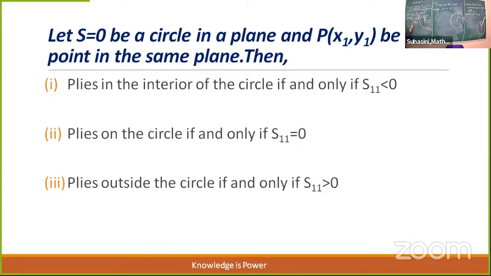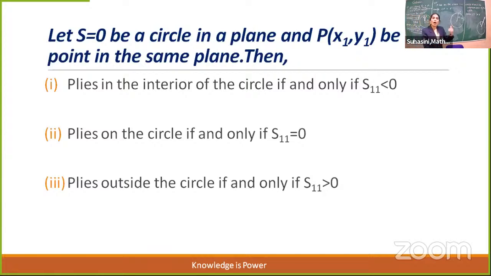This implies CP square is less than R square. Bringing R square to the other side, CP square minus R square is less than 0. It is strictly less than. So CP square minus R square is less than 0 is the required condition for a point to be inside the circle.